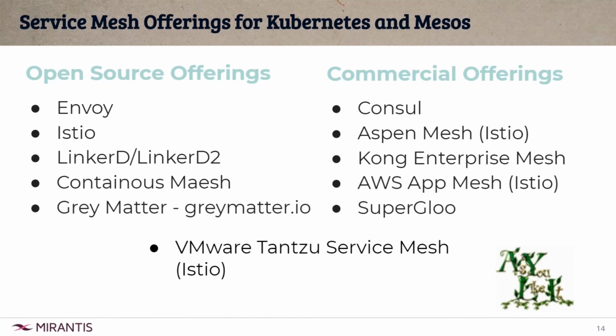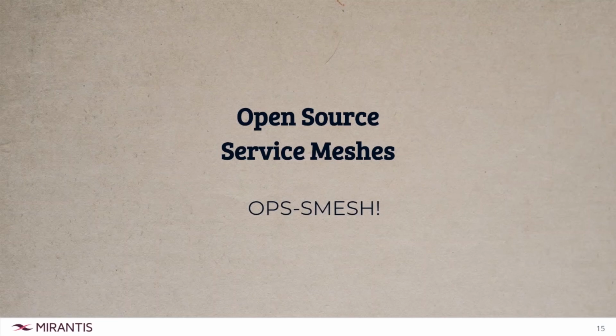Superglue, in the same way that Istio is a mesh of meshes and continuous mesh is a mesh of meshes, allows you to control more than one from a single pane of glass. And finally, just because I wanted to be fair to everyone, VMware's Tanzu implementation of Kubernetes contains a service mesh, but aha, it's founded on Istio as well. Okay, so those are the ones we're going to compare. And now let's break down the open source ones in those categories.